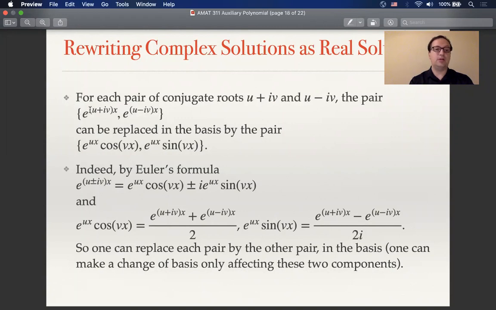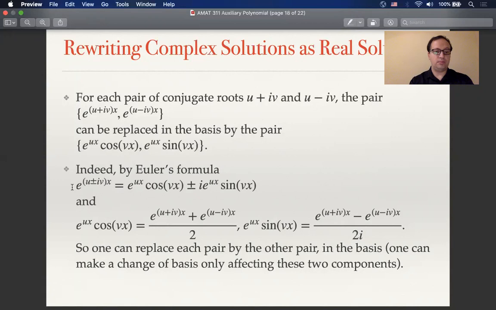So e to the (u plus iv)x and e to the (u minus iv)x. And then, as I say here on this slide, they can always be replaced in the basis by the pair e to the ux cosine of vx and e to the ux sine of vx.